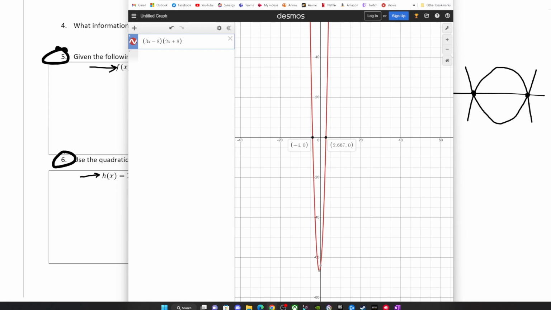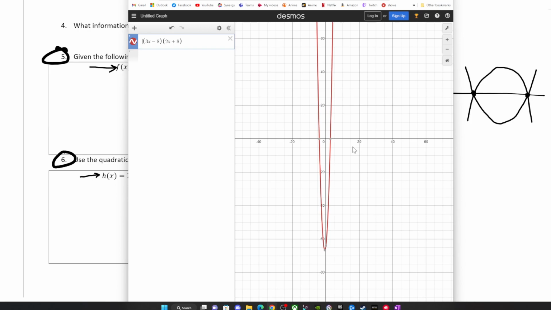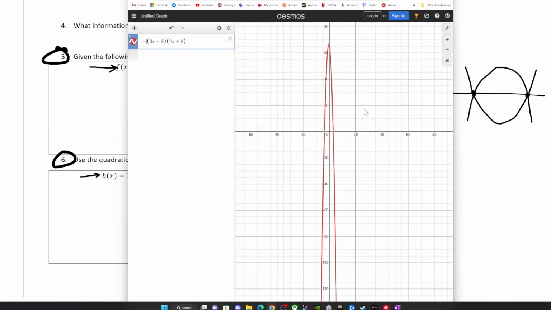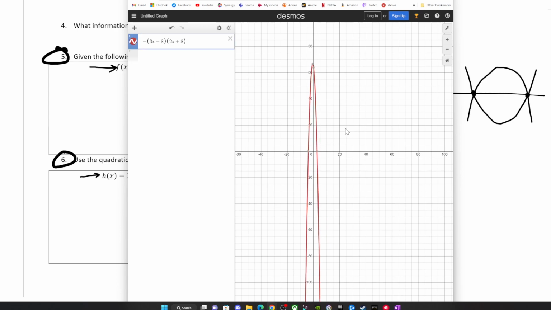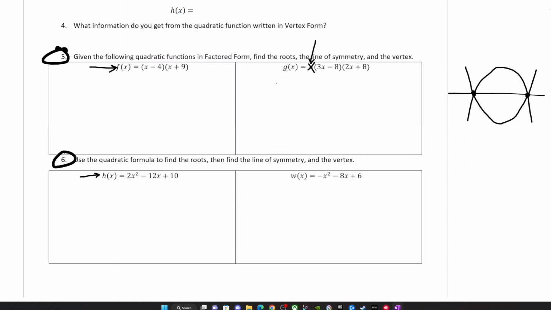Again, let's take a look at that negative. Let me zoom out, and you're just going to see it flip. There's that flip. It'll just flip, as you guys can see. So the vertices, nothing happens to them. That is one thing you can do: you can just disregard that negative.